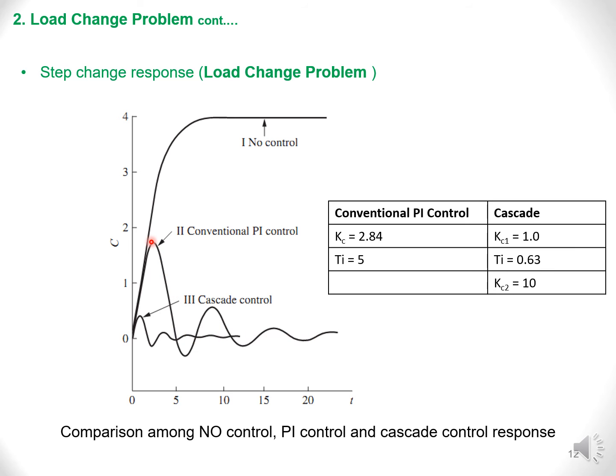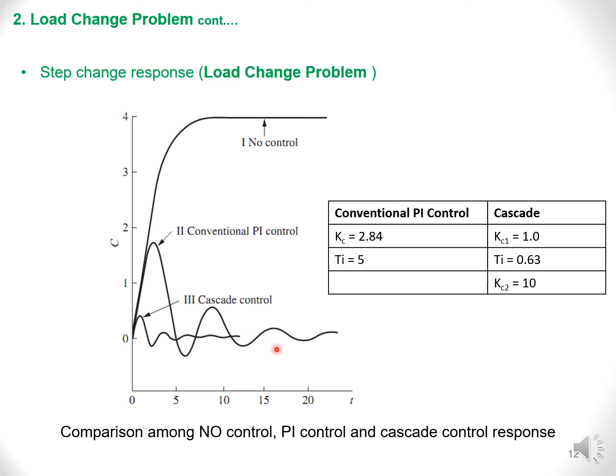We cannot afford too high overshoot, which may go beyond some specification of the distillation column or the heat exchanger. So we need very tight control, and only this cascade can bring it back very fast to the control action that we want, and this is more suitable for our course of action in this case.